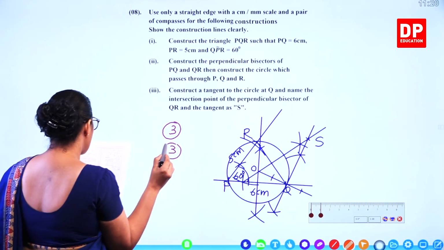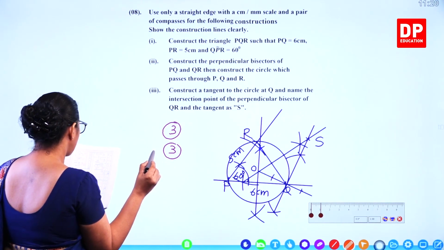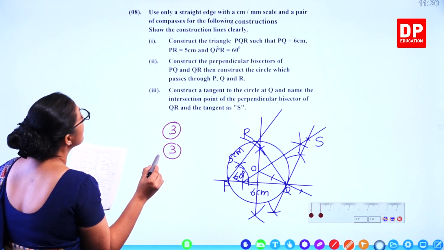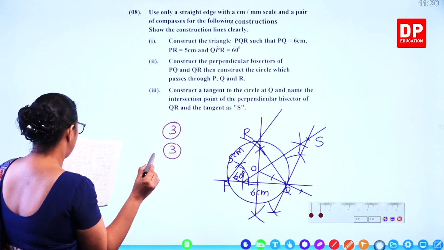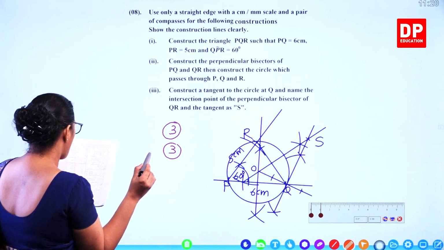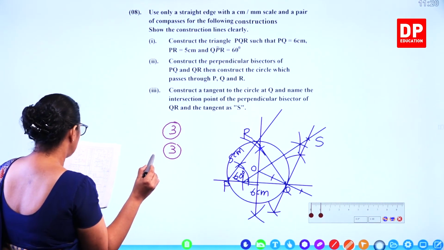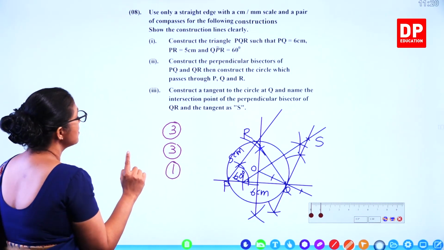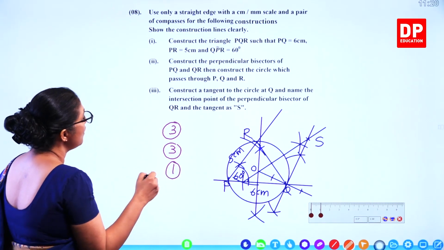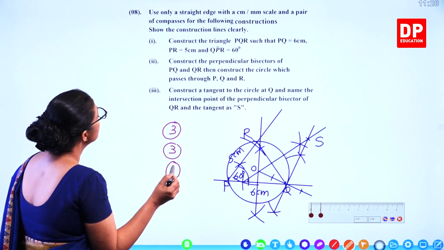And the tangent drawn at Q, that's just 1 mark. So 7 marks for that. And we'll do the next part.